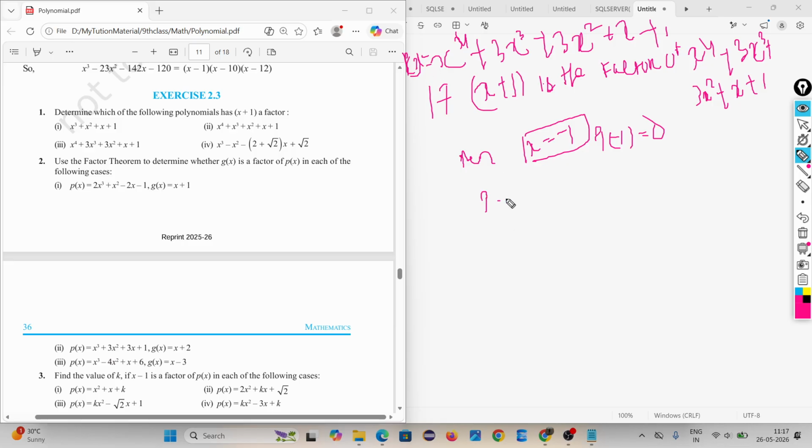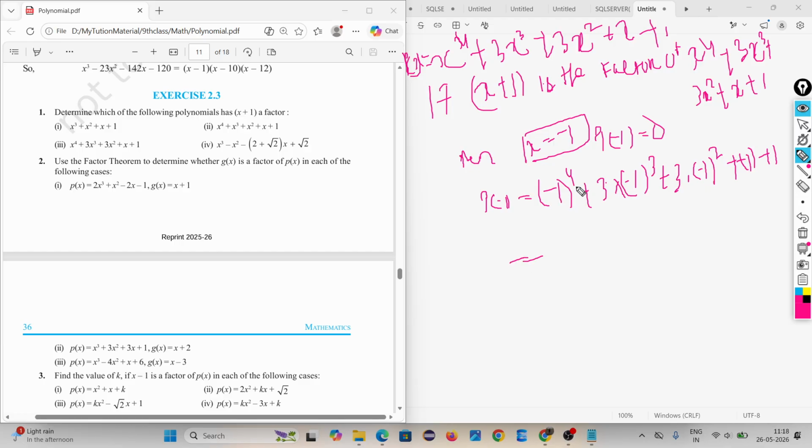Then p of minus 1 equals minus 1 raised to the power 4 plus 3 into minus 1 cube plus 3 into minus 1 square plus minus 1 plus 1.